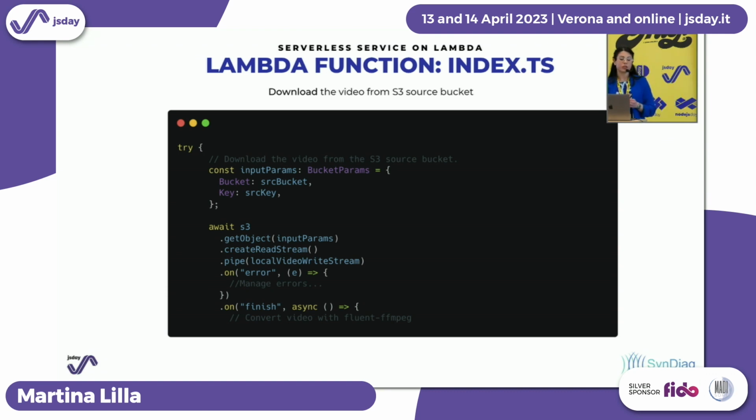And then we use the createReadStream function, which is a function provided by the AWS module for Node.js, and that transforms the request object into readable streams that can then be piped into writable streams, as we are seeing in this slide. So to get this object, it is sufficient to declare the bucket params. So you have to declare the bucket and the key.